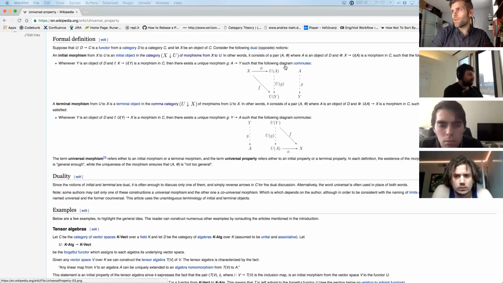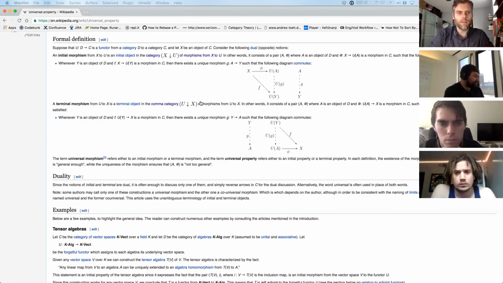It's some pair A and phi that makes this diagram commute. Whenever Y is an object of D, and f is this kind of morphism, there's a unique morphism from A to Y that makes this diagram commute.